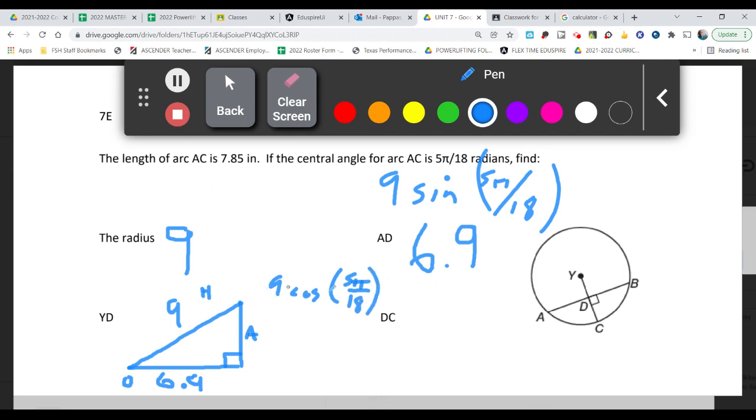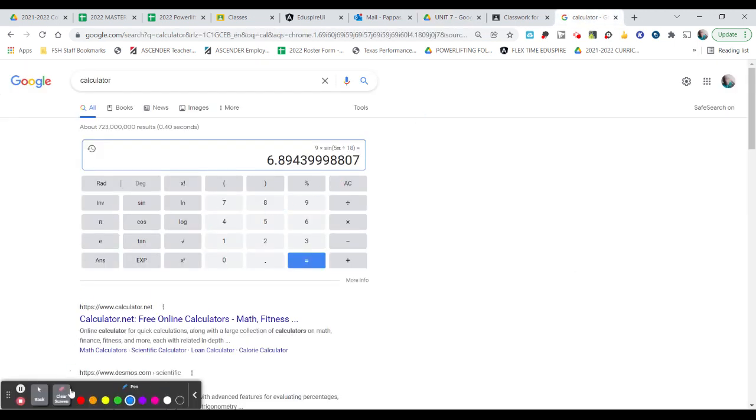Again, the angle's in radians, so we'll just keep the calculator in radian mode. And no one's the wiser. So, coming back to our calculator, we have 9 cosine 5 pi over 18. And that'll get us our adjacent leg, which is going to be about 5.8.